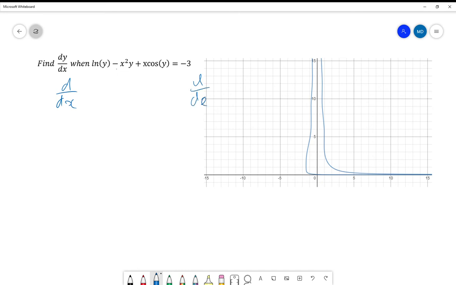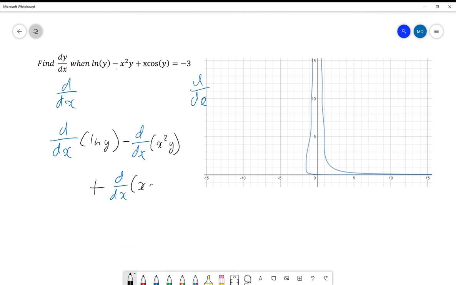And that's going to give us d by dx of the natural log of y minus d by dx of x squared y plus d by dx of x cosine y, and that's going to equal... well, if I differentiate minus 3 with respect to x, I end up with 0. That doesn't look like an x up there. Let's change that.